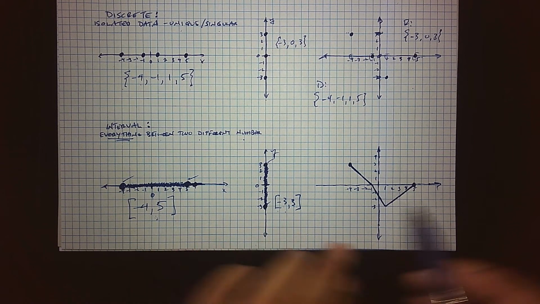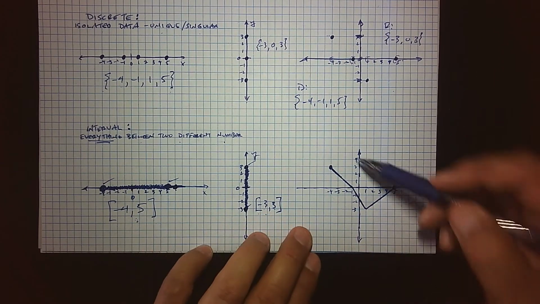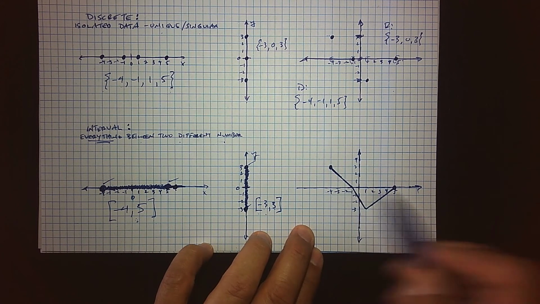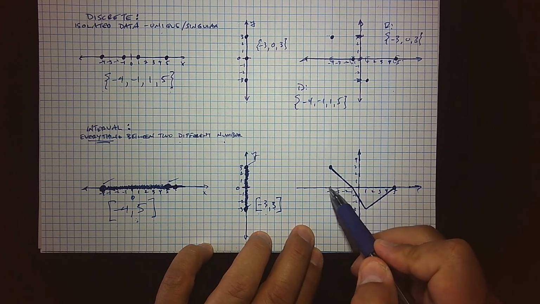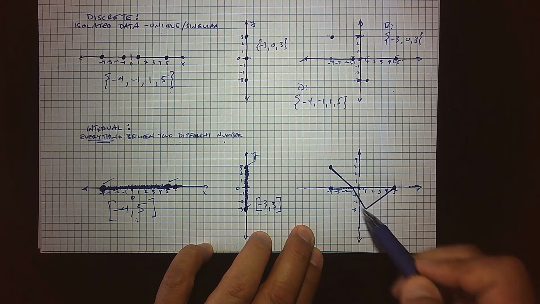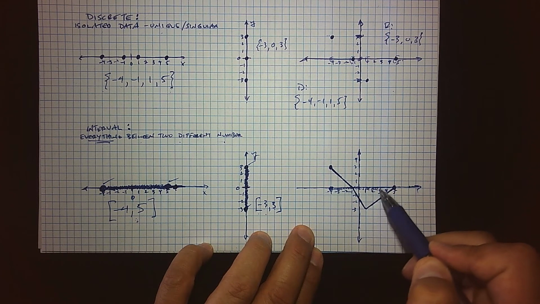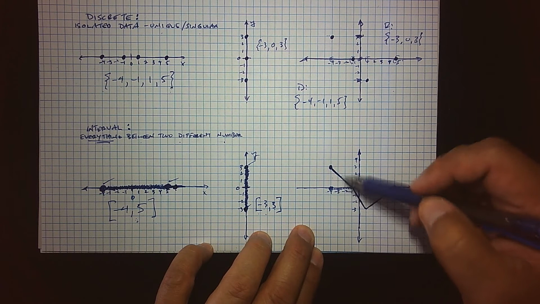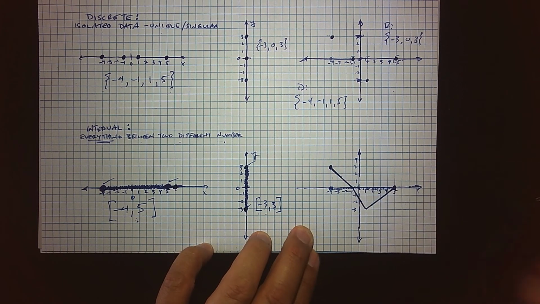So putting it together in a function, again, I have a function that passes the vertical line test very well. So what covers the x-axis? Well, we're basically talking about everything from negative 4, and all x values. Notice we have a nice solid line. So all x values up to 5 are covered by the function. They all have some y value associated with them.